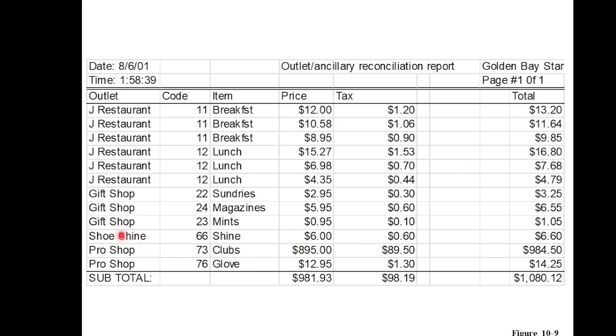And then we have the shoe shine for $6 plus tax, $6.60. Then for the Pro Shop, as you can see, you have $8.95 plus $89.50 for the tax.